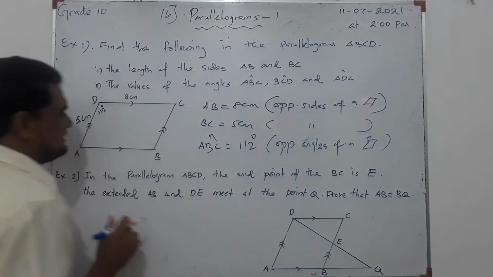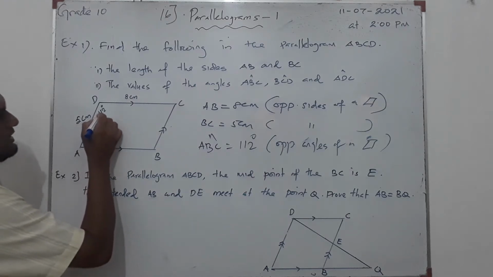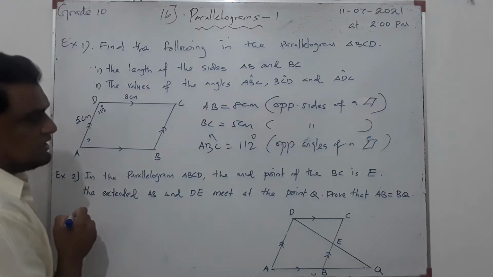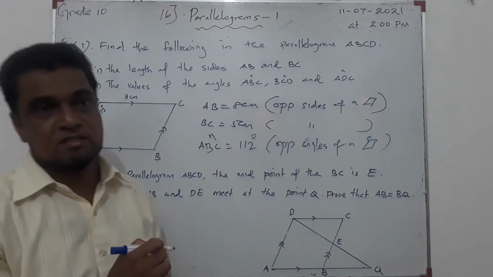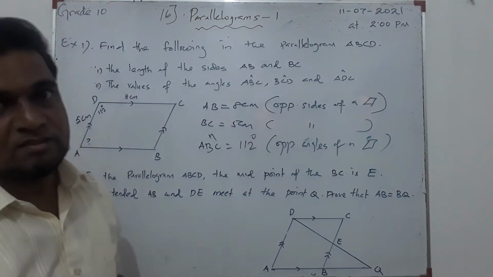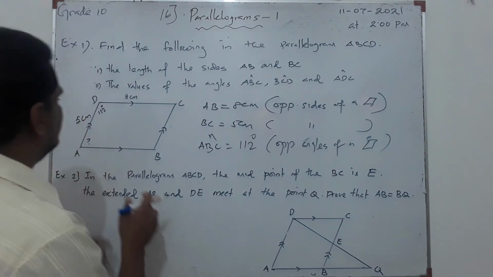Using that we can find it here. Now the rest of the angles, how to find? Here 112 is here, what is the value? But you are very clear in this previous knowledge that was taught in previous grades such as 8th grade, 8 or 9.